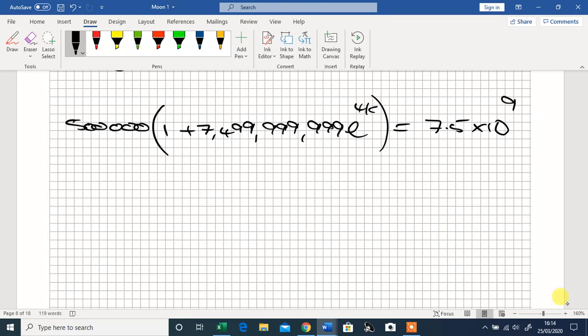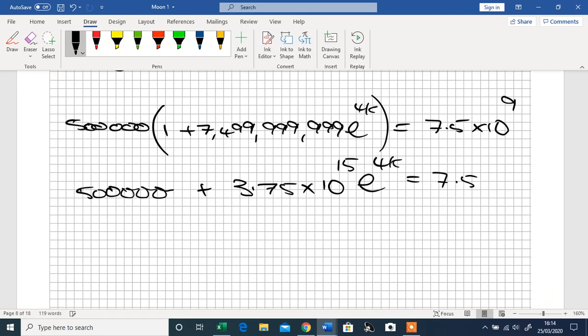Now, if you multiply this out, you get 500,000 plus 3.75 times 10 to the 15 e to the 4k, and that's still equal to 7.5 times 10 to the power 9. Then subtract 500,000 from both sides.